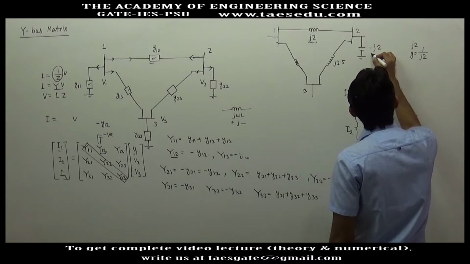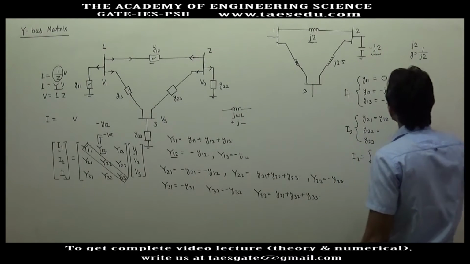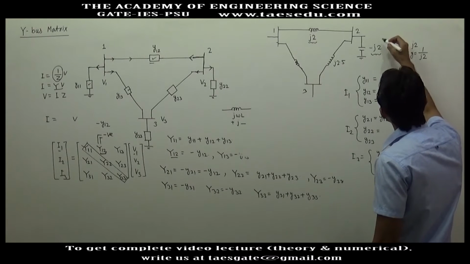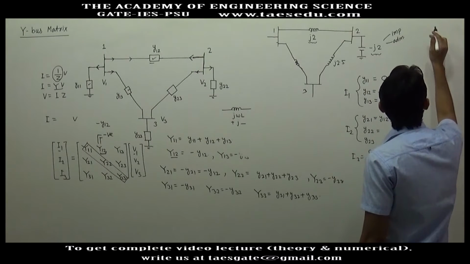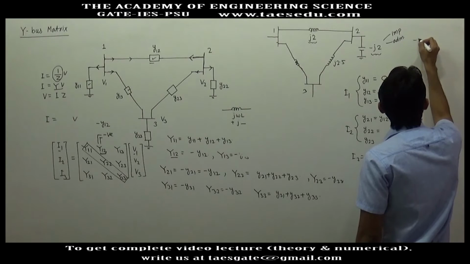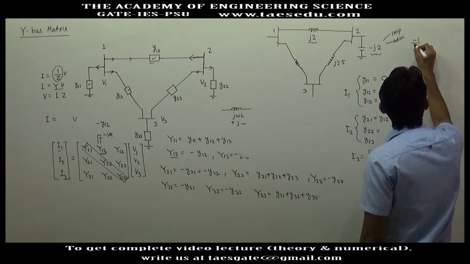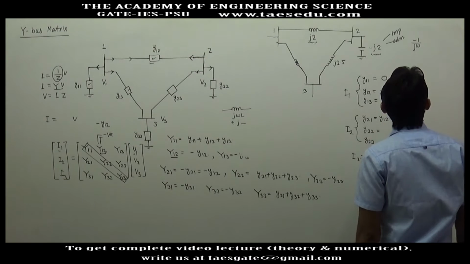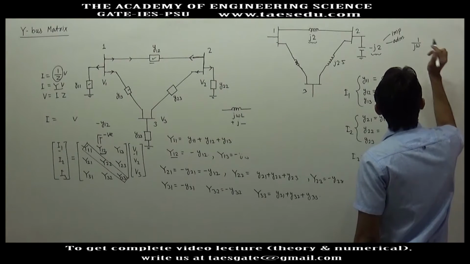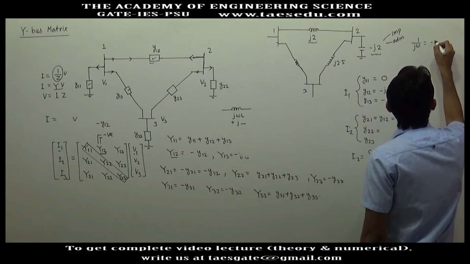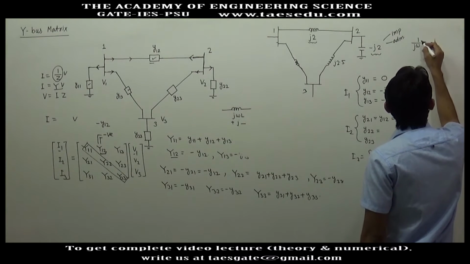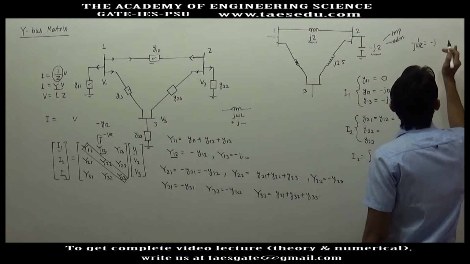So here we are given with minus j2. So what will this be, an impedance or admittance? For a capacitor, the impedance is 1 by j omega c, which will be minus j 1 by omega c.